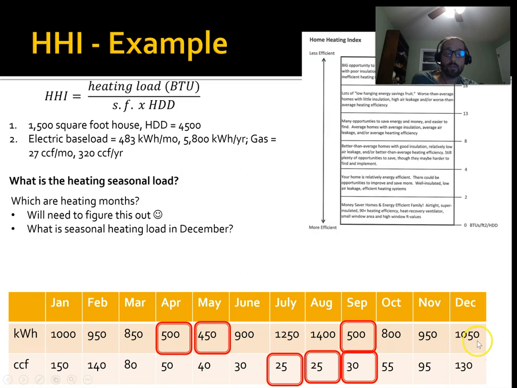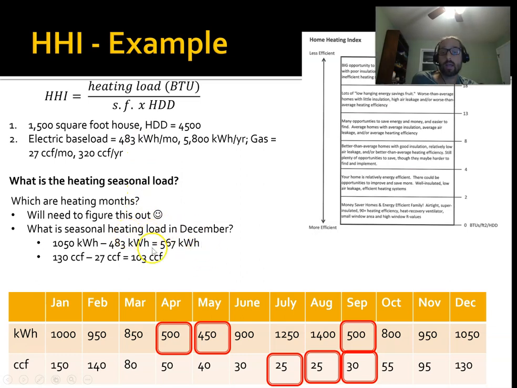You can see my December energy use here on the right. It's 1050 kilowatt hours and 130 CCFs. But remember, some of that is base load, not seasonal load. So I need to subtract out my base load, and that'll tell me my approximate seasonal heating load. I take 1050 kilowatt hours minus 483 kilowatt hours, which is my base load.